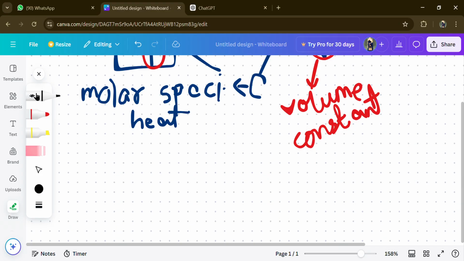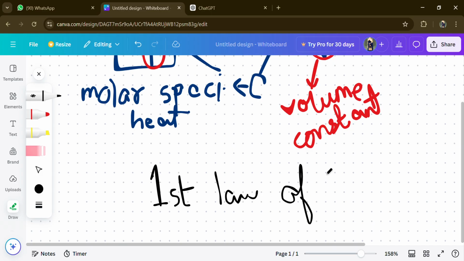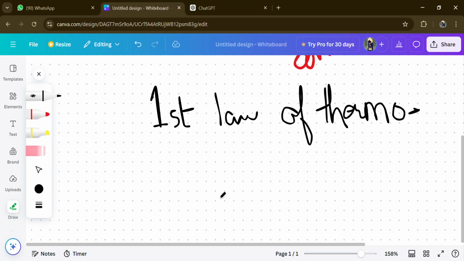If you have gone through our previous videos, you might know about the first law of thermodynamics. I'm writing thermo, just keep in mind this is thermodynamics. Now what is the equation of thermodynamics?